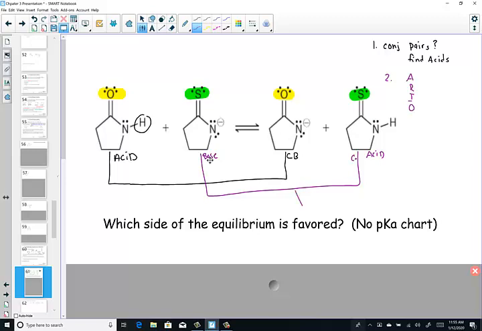Well, here's a base. The conjugate base here has a negative charge on a nitrogen that is going to be resonance stabilized. Notice it's next to a sulfur that's involved in a pi bond. So this is resonance stabilized. And the atom it will be stabilized with is a sulfur.